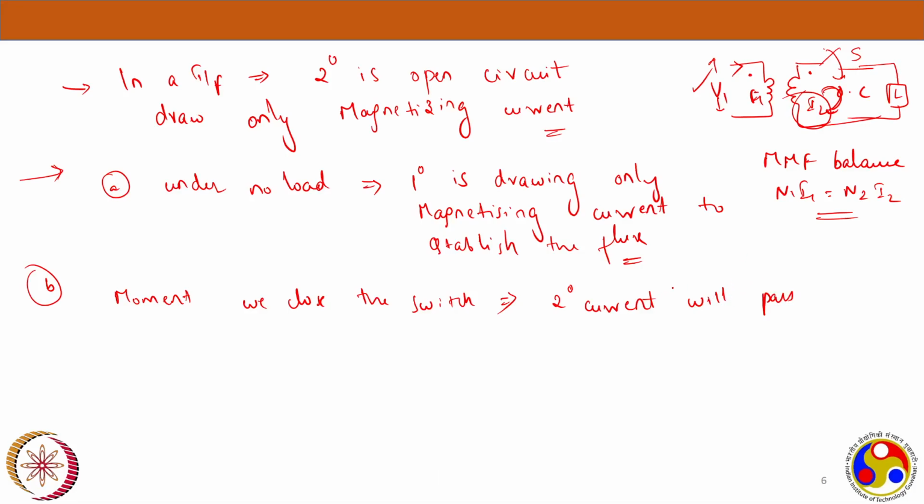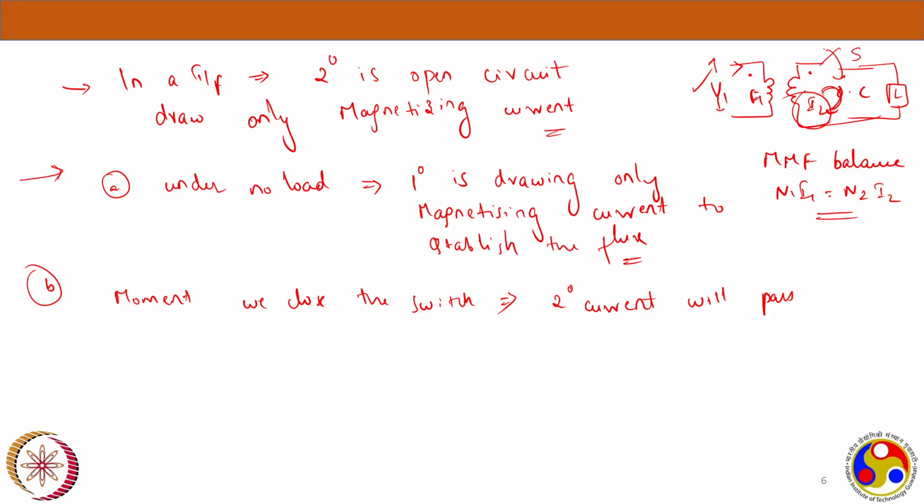Therefore, some extra MMF is being generated. There is a new current I2, extra current. I2 multiplied by N2 will be extra MMF, which is now newly brought into the system, because the load connected must be balanced.